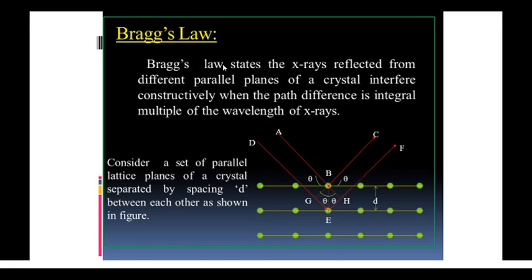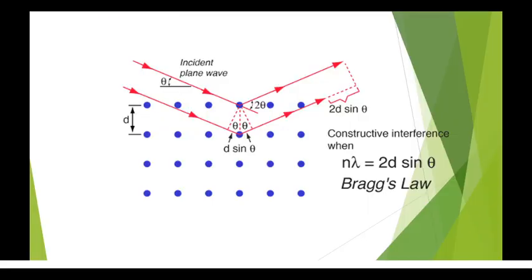Now Bragg's law states that the X-rays reflected from different planes of a crystal interfere constructively when the path difference is an integral multiple of the wavelength of X-rays. So these reflected X-rays interfere constructively so that maximum intensity is obtained on the screen.